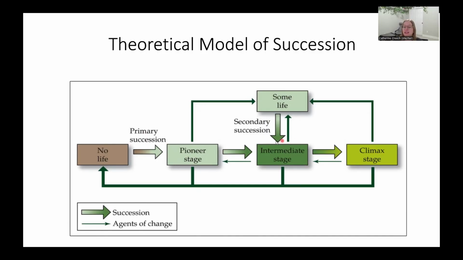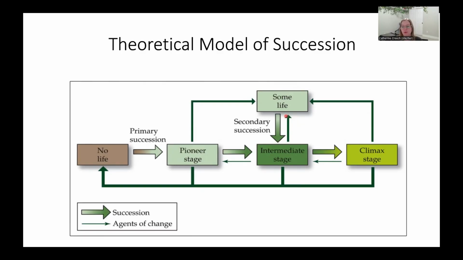And now that you've created soil, we can move into the intermediary stage. In the intermediate stage, that little bit of soil means that you can get some tiny plants, you can get grasses. Those grasses will make more soil. That's going to lead to more plants. Now you get shrubs. Once you get shrubs and grasses, you can have bugs, you can have birds, you can have rodents. So life starts moving in after the soil is reestablished.